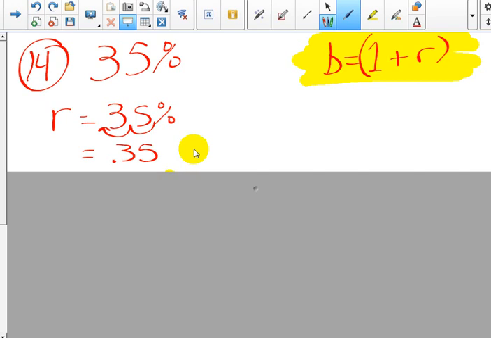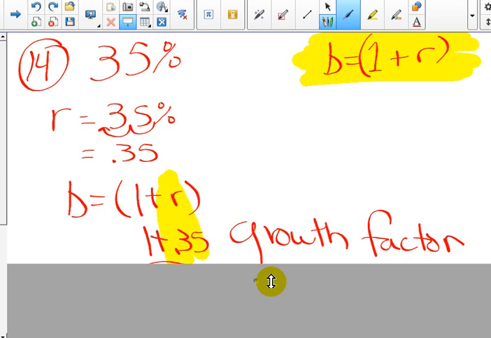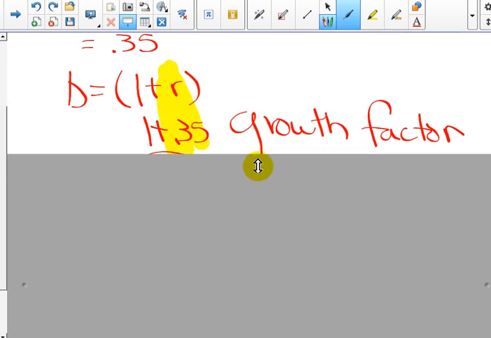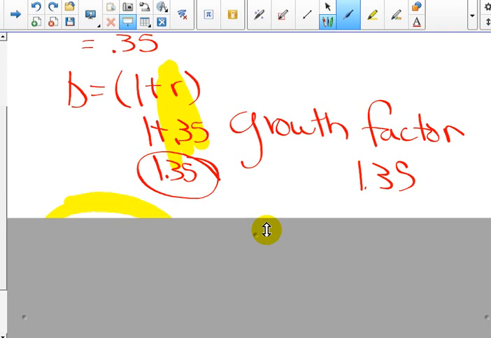So that's our R. Now B is equal to 1 plus R, or in this example, 1 plus 0.35. That's going to be equal to 1.35, which is larger than 1, so we've got a growth factor of 1.35.